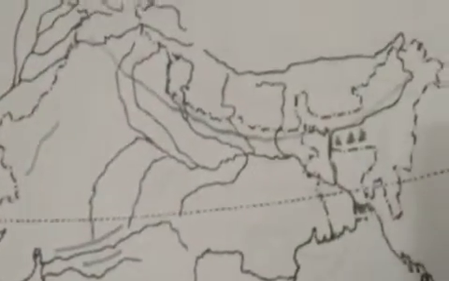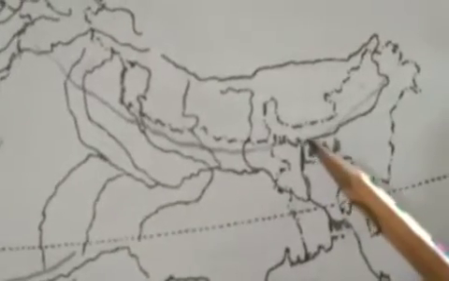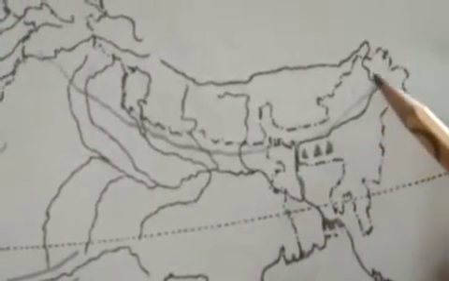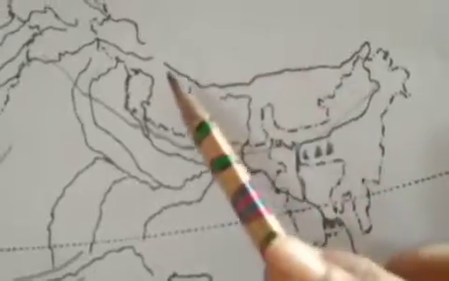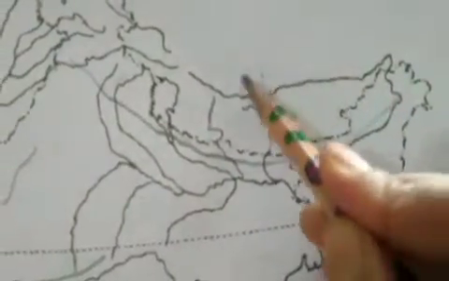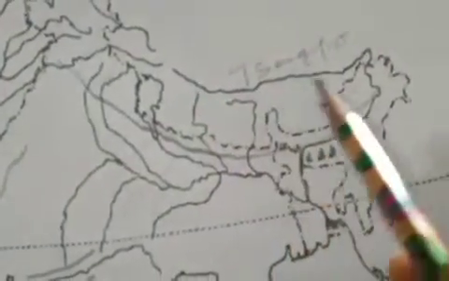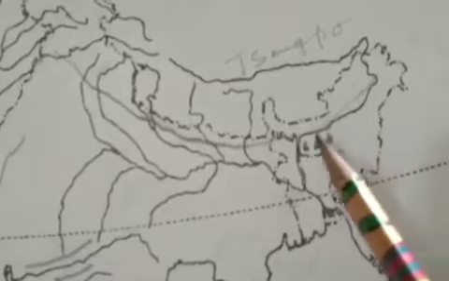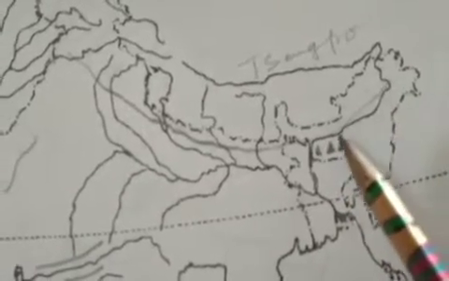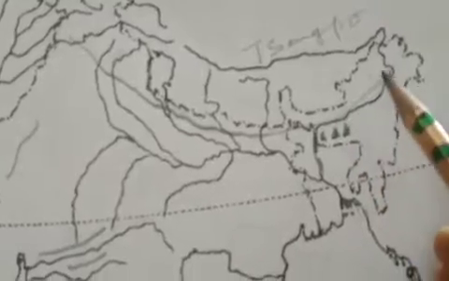Now let's talk about the northeastern river. So this is Brahmaputra. This river is Tsangpo, T is silent. When it enters India and Assam, this river is known as Brahmaputra.